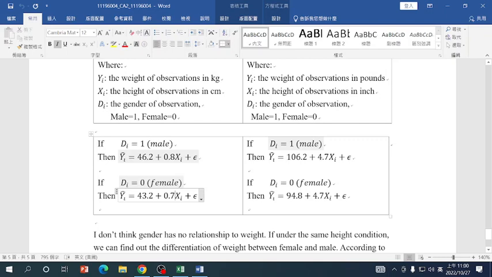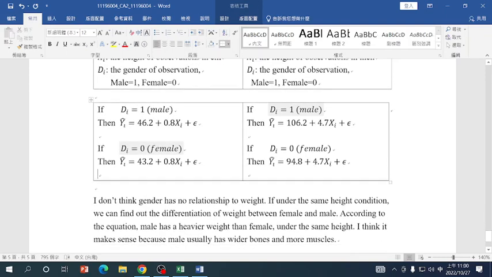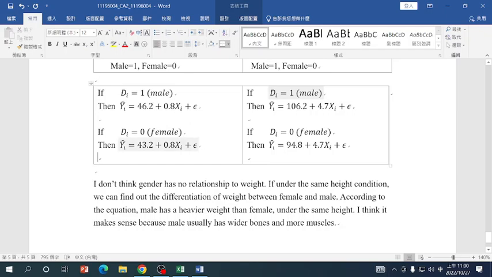Should I revise it? So if we have the same height, the weight of the male will be heavier than the female. I think it makes sense, because men usually have more muscle or wider bones. The equation makes sense.